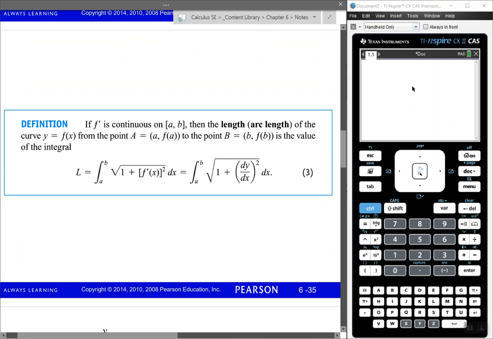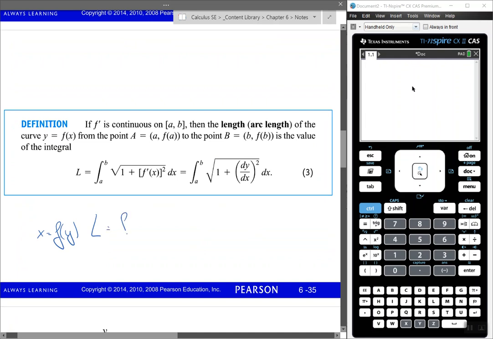It does not matter what letter you use to do this. If your equations are functions of x, great, use this version. If your functions are x in terms of y, so let's say x equals f of y, then you can do the exact same formula.